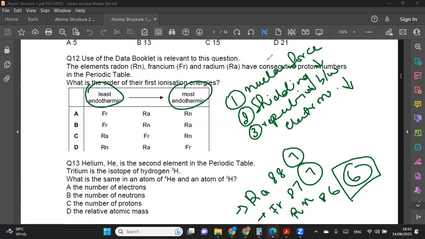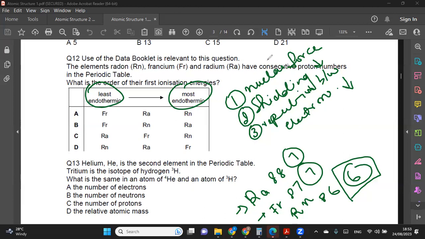The repulsion between the electrons is less, so they're not trying to get away from each other that much. Fewer electrons, less repulsion. On top of that, the shielding is also less. There are fewer shells between the outermost electron and the nucleus.